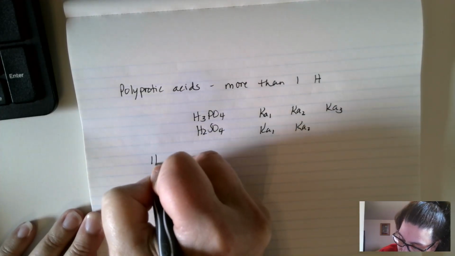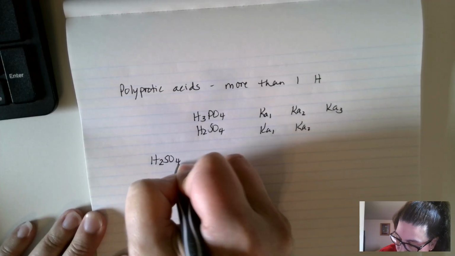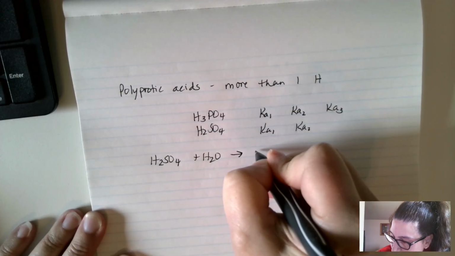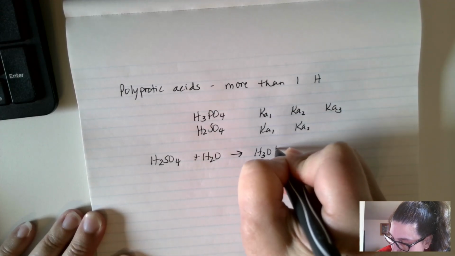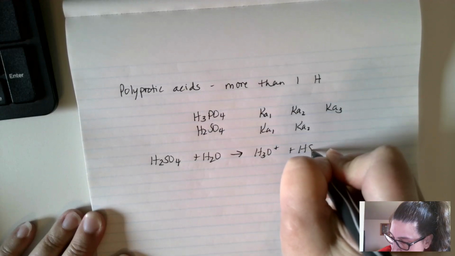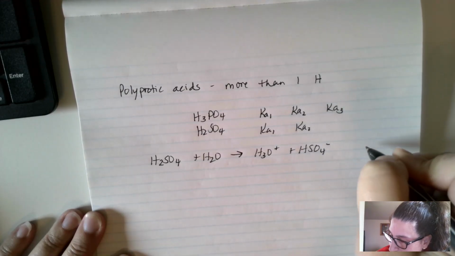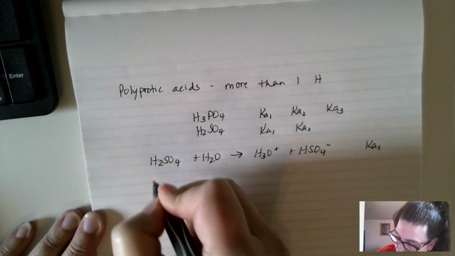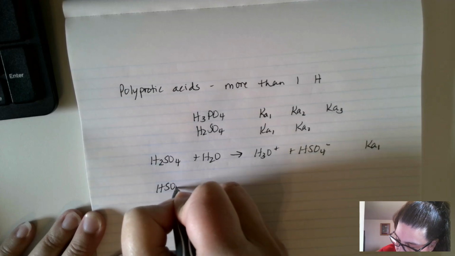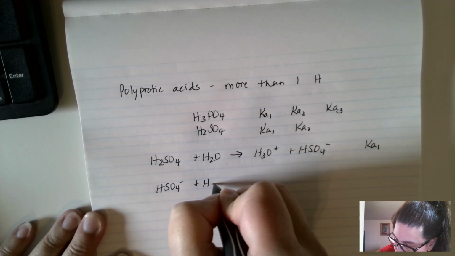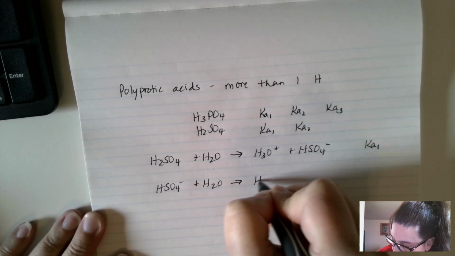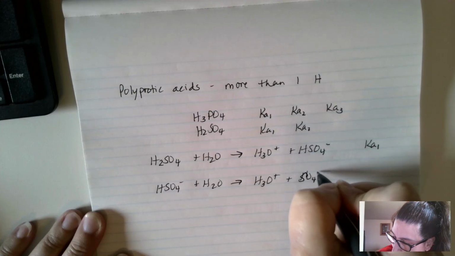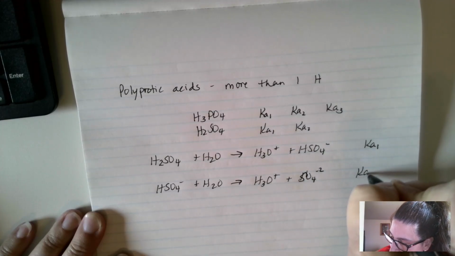So, for example, if you had H2SO4, it is first going to ionize one of the H's, and this is where we would use Ka1. Then the second one would ionize, and this would be Ka2.